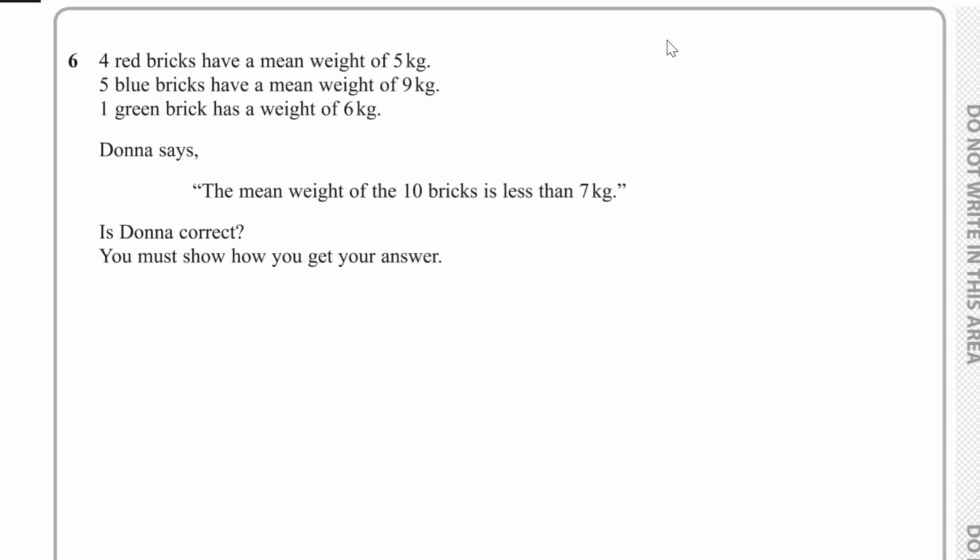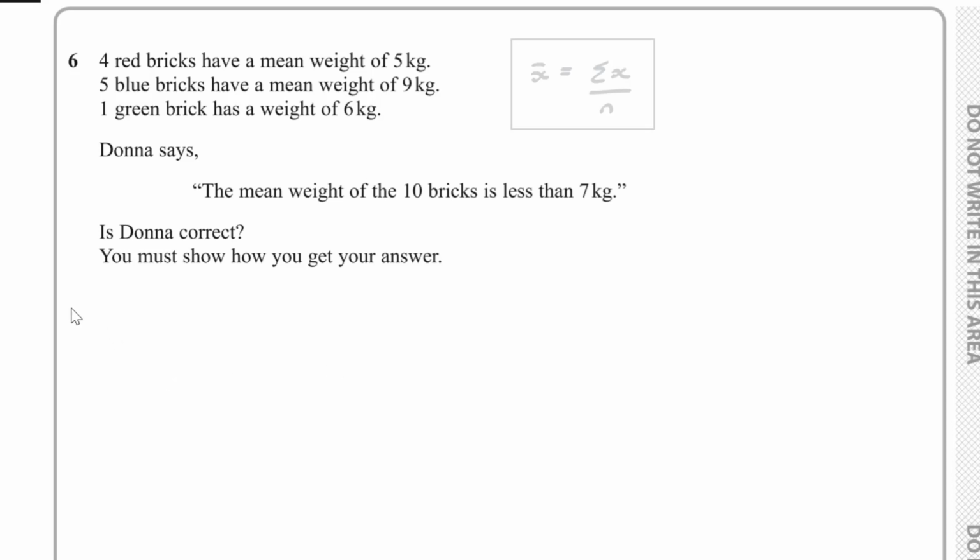Well, we can use the fact that the mean is equal to the sum over the number of data points. So this is something worth memorizing. So we can use this to find out the total weight of the red bricks, the blue bricks, and the green bricks. And then from that we can find out the mean of the 10 bricks in total.